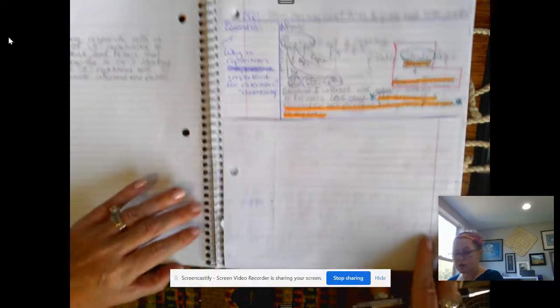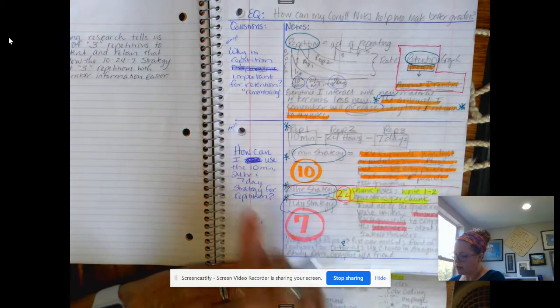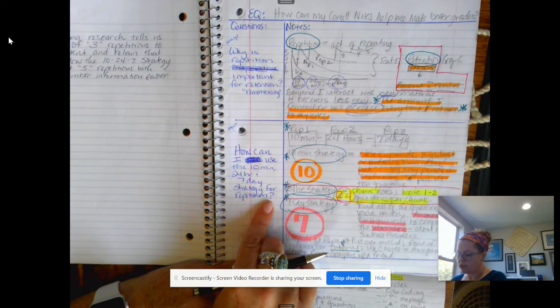Now, the next question in my notes, how can I use the 10, 24, 7 strategy to get repetition?